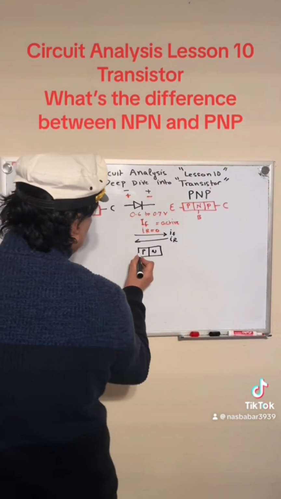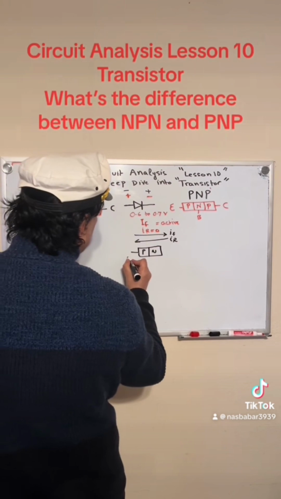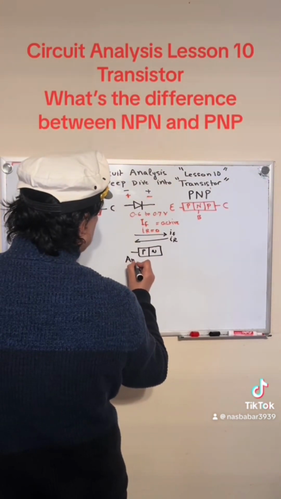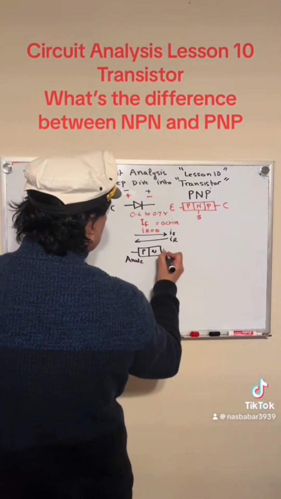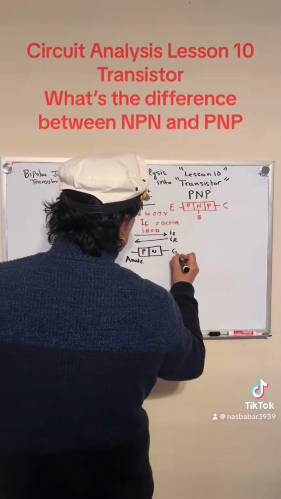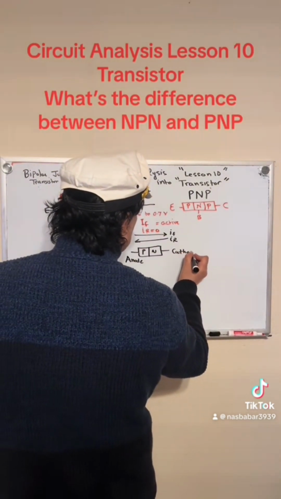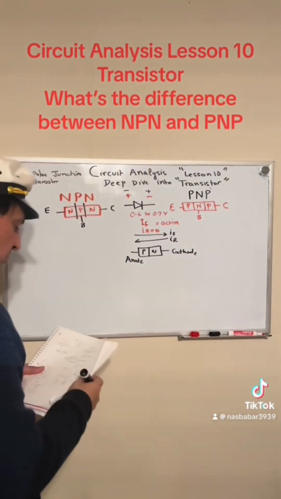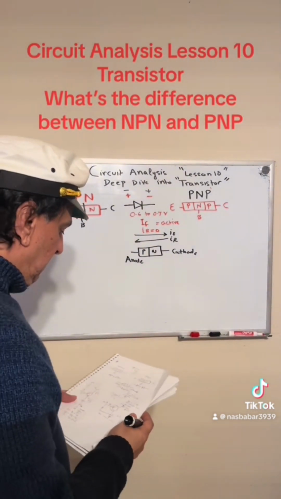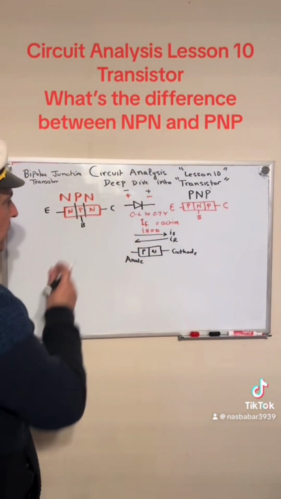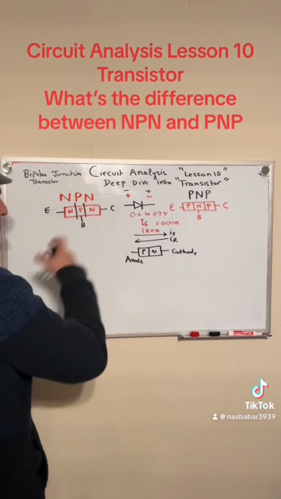Okay. And this side is basically the anode, connected to positive, and this side is the cathode. Okay, so these are the things which you must remember moving forward. So let me get back to the NPN.